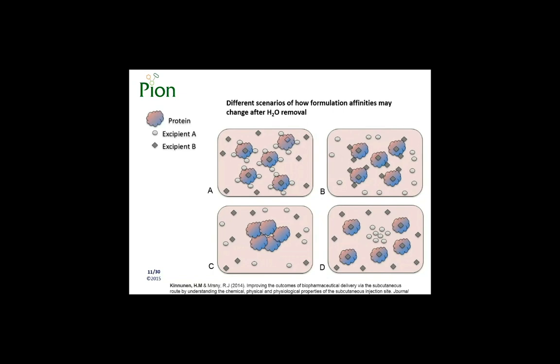In example C, all the excipients leave and the protein aggregates, possibly forming a precipitate. Finally, in example D, the protein and excipient B are removed and excipient A aggregates in the ECM. This is, of course, an oversimplification, but it nonetheless serves to demonstrate some of the events we might expect to see upon the administration of a biopharmaceutical formulation.